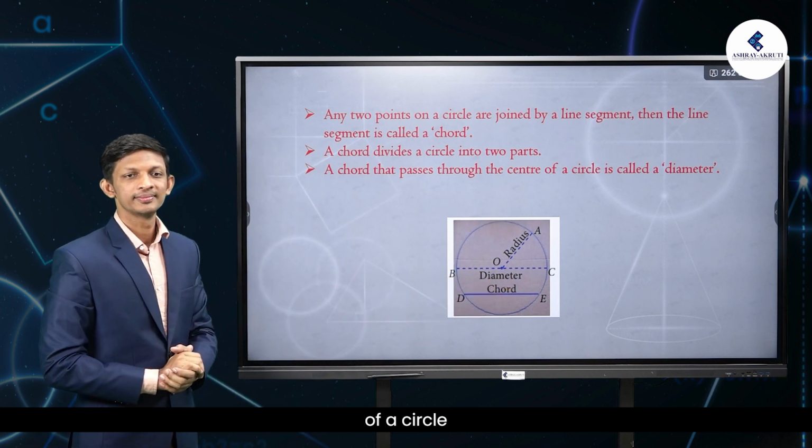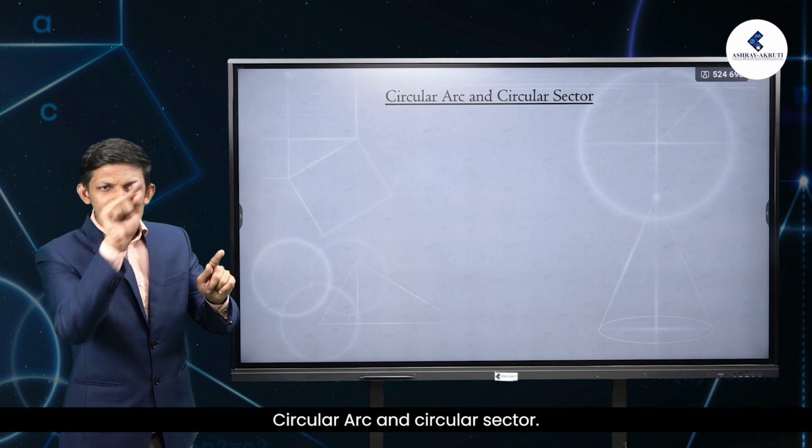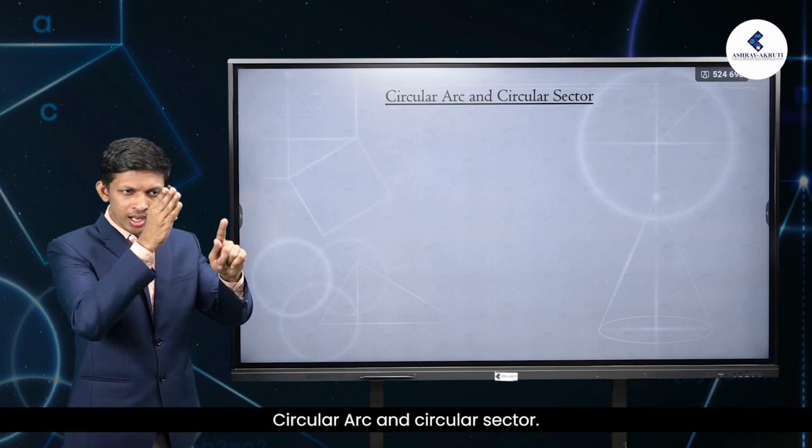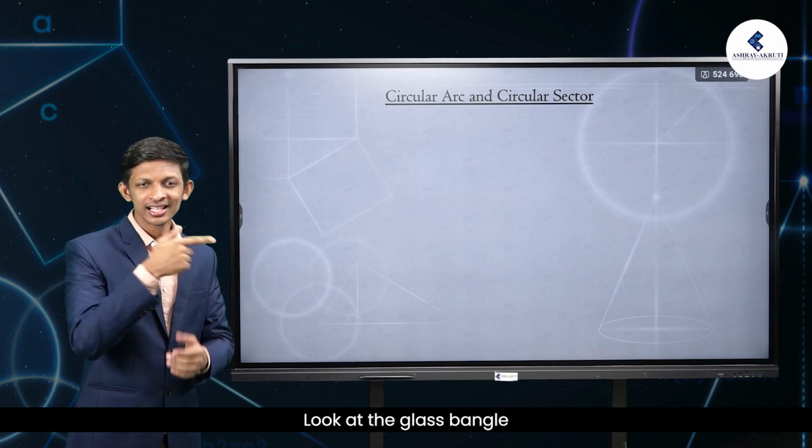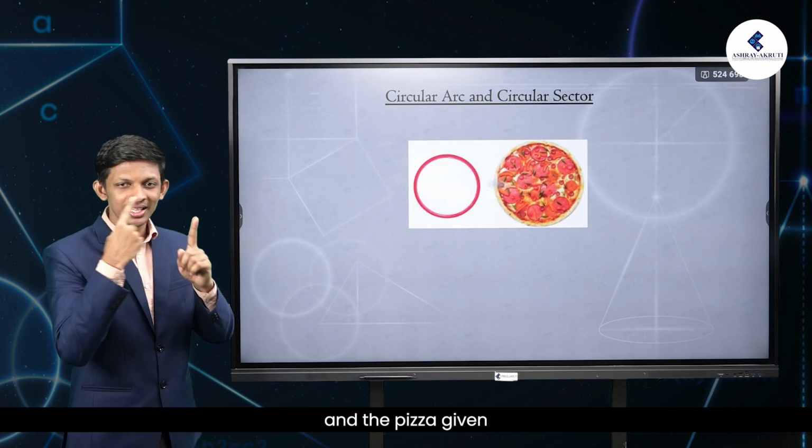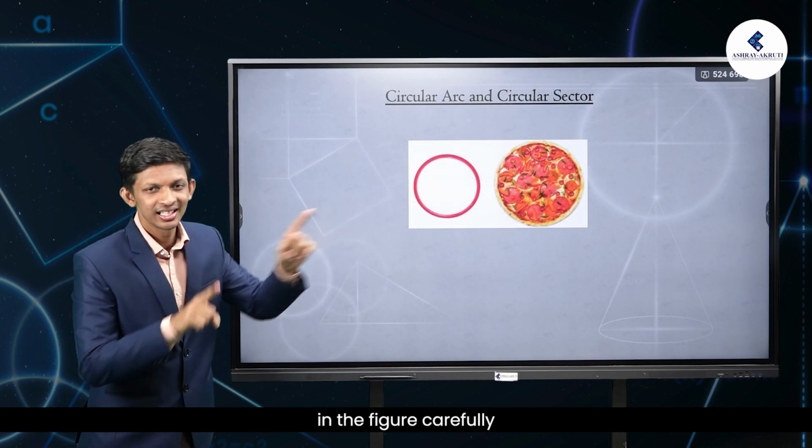Circular arc and circular sector. Look at the glass bangle and the pizza given in the figure carefully.